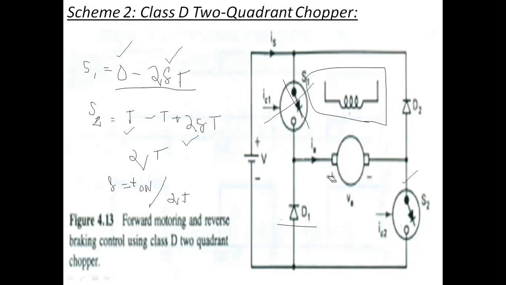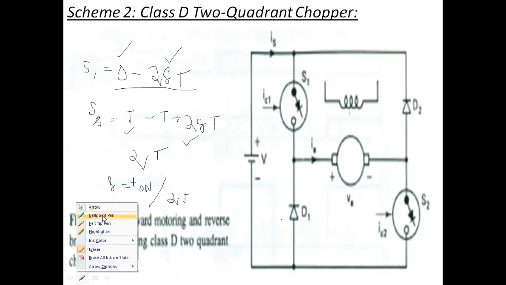Next, the last mode, mode 4. This mode will occur when both S1 and S2 are open.